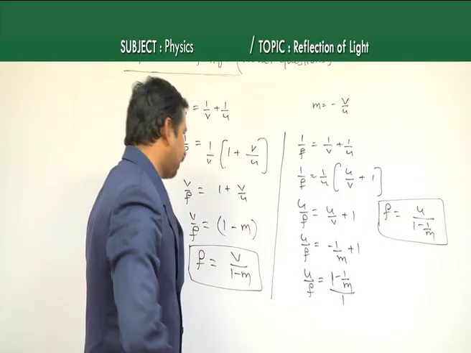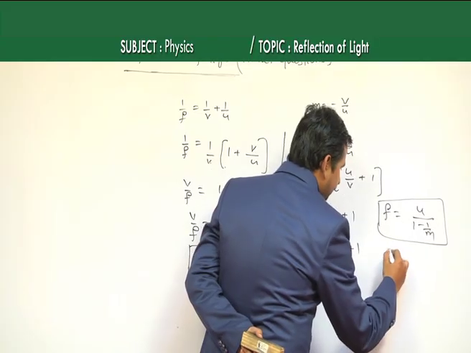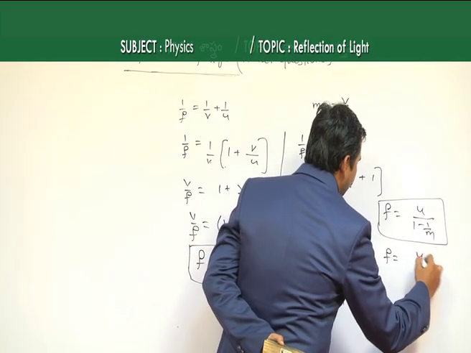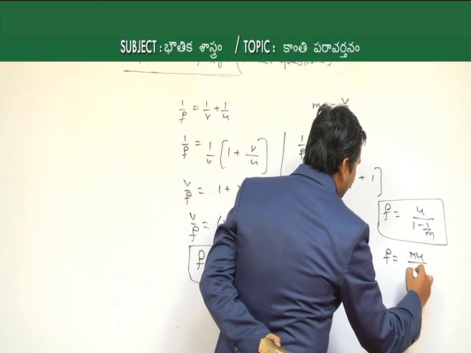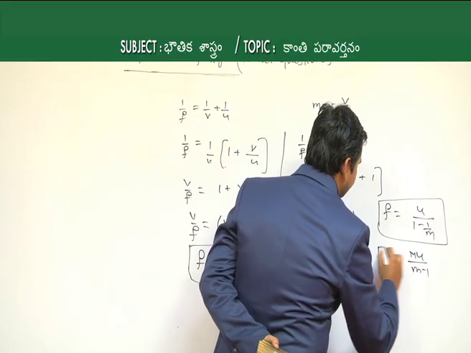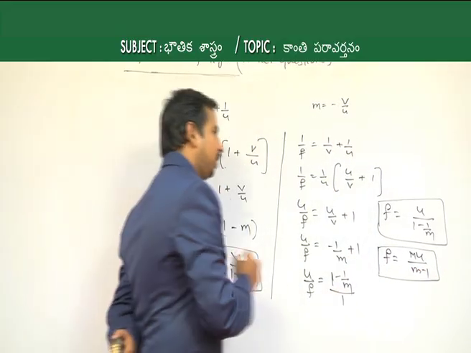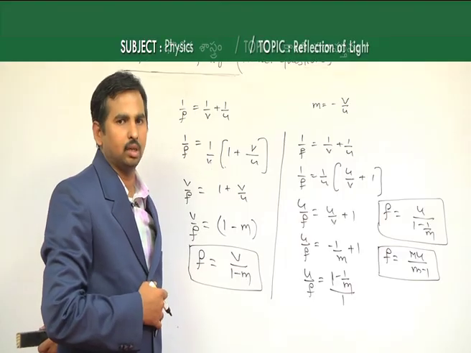If you want to simplify, you can write f = mu/(m - 1).